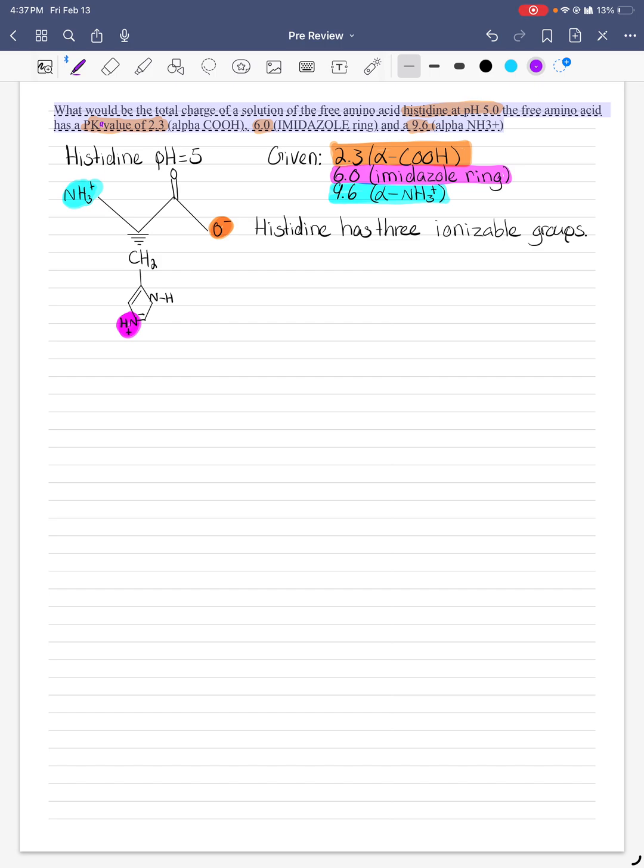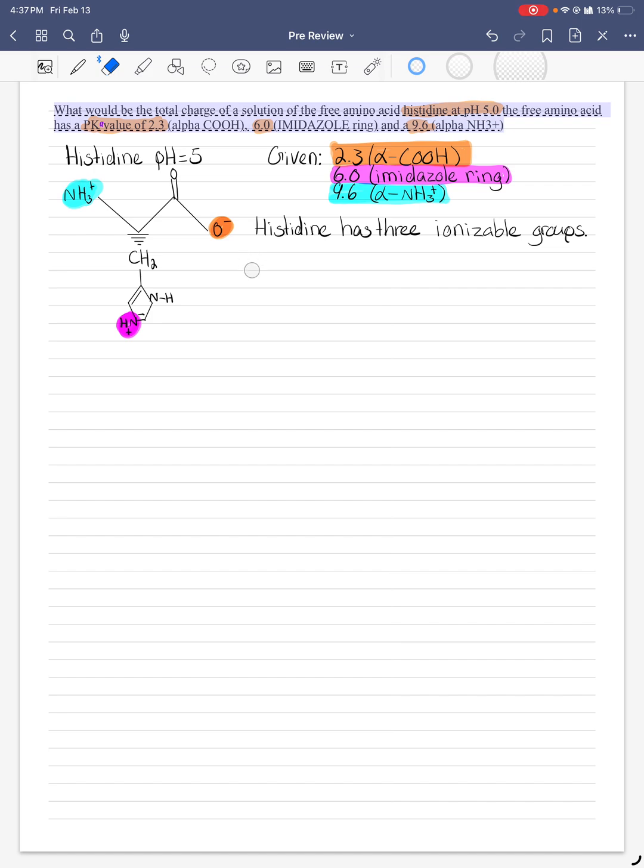It's basically asking us the total charge of the free amino acid histidine at the pH of 5.0, and it gives us the pKs of the ionizable groups of histidine, which is the alpha COOH, which is 2.3, and then the ring, the imidazole ring, is 6.0, and then the alpha NH3 plus, which is 9.6, right? So let's write down here.